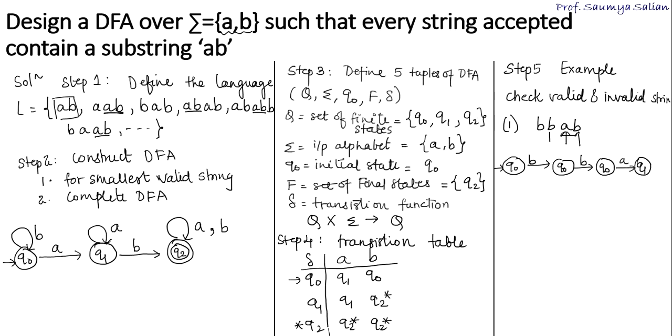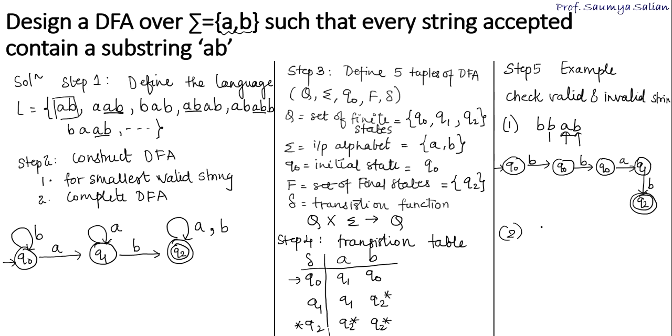Last input, input B, Q1 on B reaches Q2, which is my final state. So at the end of this transition, I am reaching a final state, which indicates that our machine is correct, because this is a valid string and it is reaching the final state.